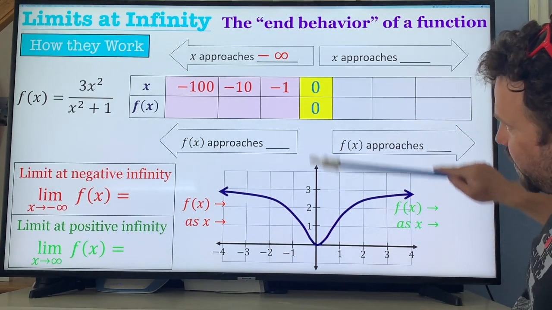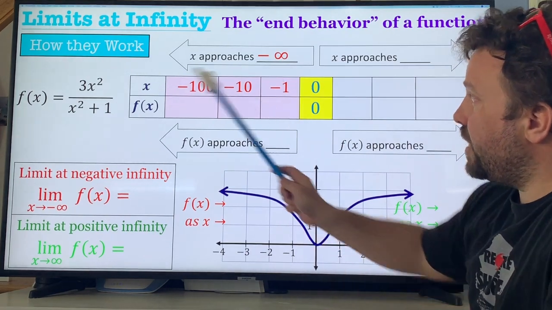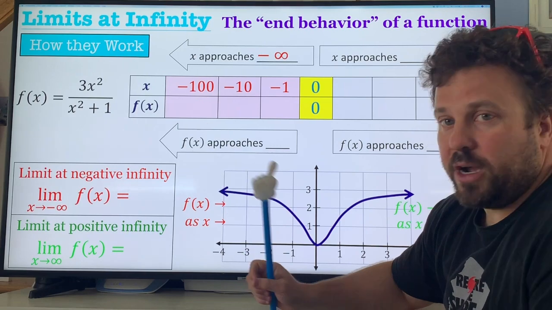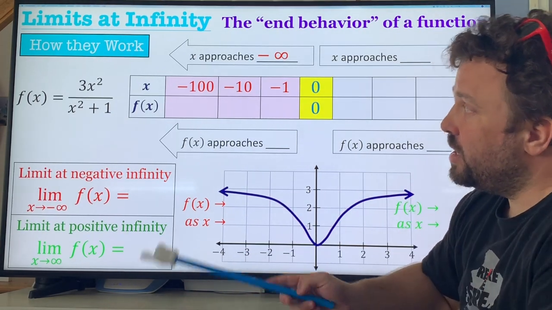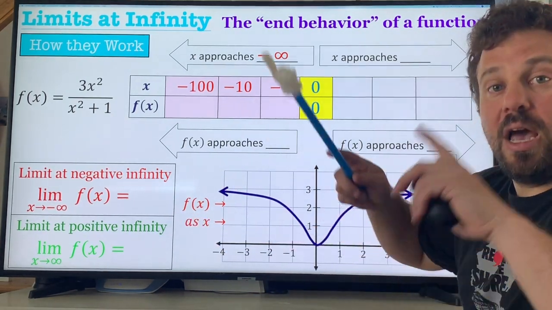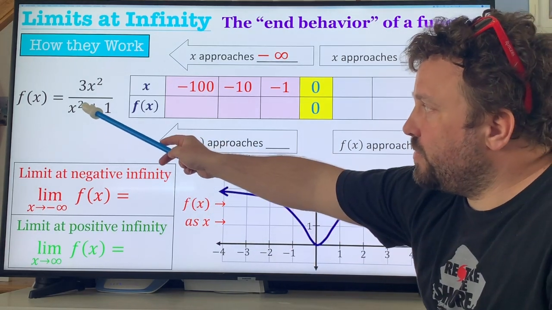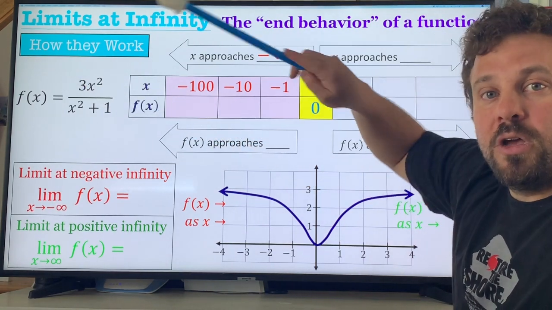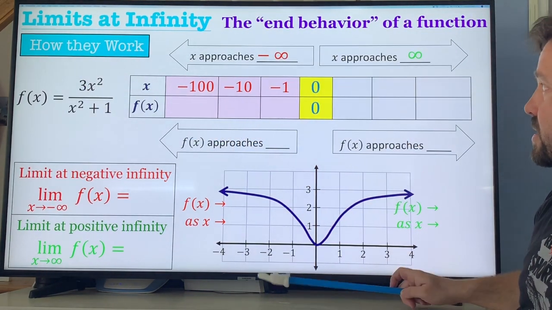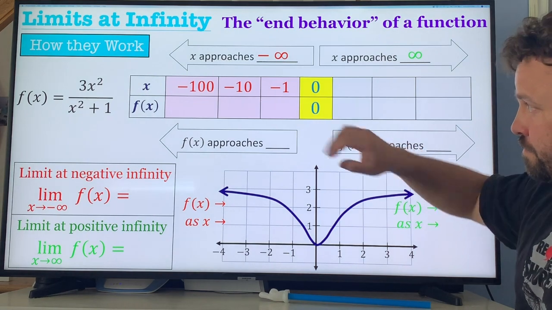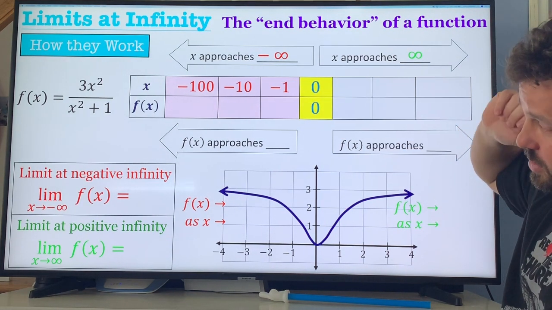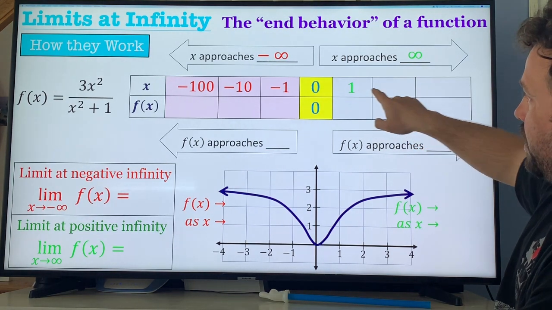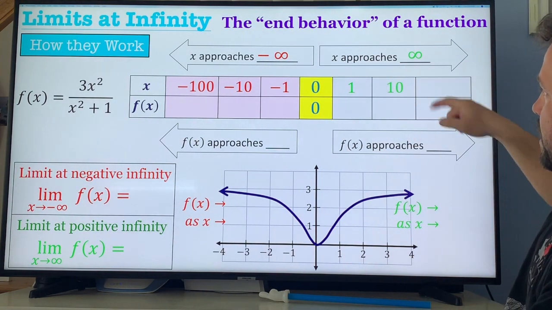Now, what do our y values do when this happens? If you type -1 into that equation, you would type in 3 times (-1) squared, make sure your -1 is in parentheses, divided by, open a second set of parentheses, (-1) squared plus 1, close your parentheses, and you would get 3/2.